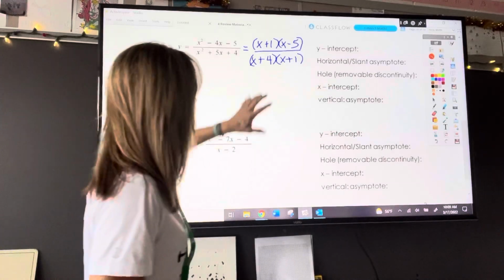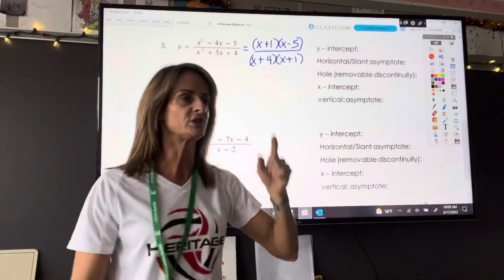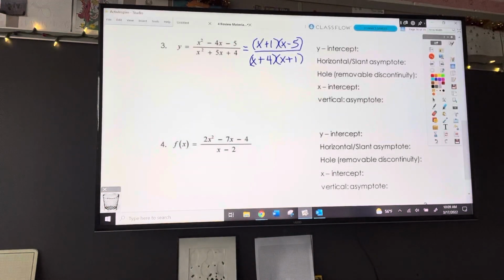Okay, let's look at it. Now we've got a factor in the numerator and a factor in the denominator that cancel, which means we have a hole, or discontinuity. I'm running out of room, let me move this over here.